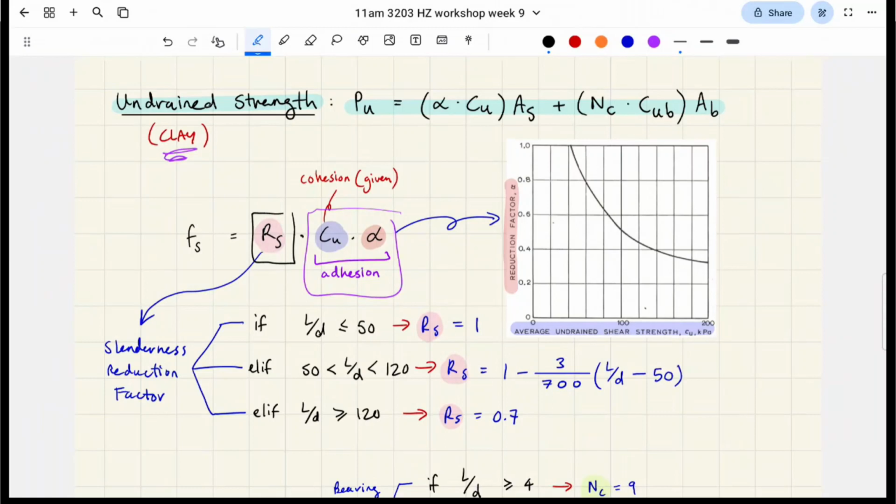It's just the ratio of the length of the pile divided by d. Don't be confused: lowercase d in the pile topic is referring to diameter, right? Sometimes it's uppercase D, by the way. Both of these don't refer to the depth like we did for shallow foundations. It's referring to this diameter here, because L refers to this vertical dimension. It's really stupid, but I know.